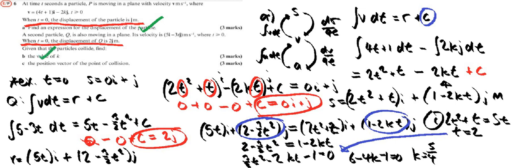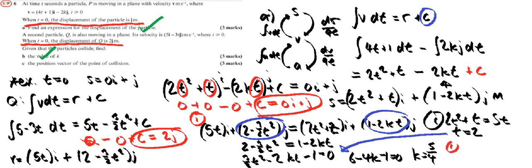That's that done. Last part, what's the position vector of the point of collision? Well, I know what k is now. I know what t is. If I feed these back into one of my equations, so let's call this equation 1 for Q, and we'll feed it into that.